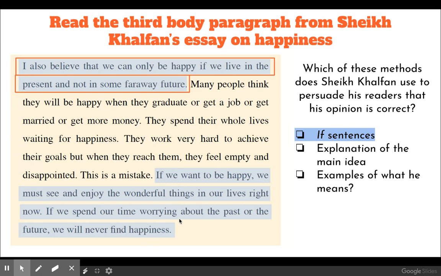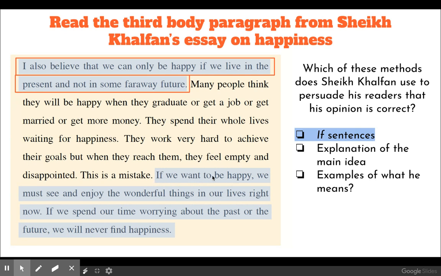Now, next week, we're going to be looking only at our if sentences in our paragraph or in our essays to make sure that we're using those correctly with the correct grammar. And we're going to be talking more about why we use if sentences and what they mean and how they're used. But for this week, we know that we use an if sentence to give advice or to talk about the result of an action or the consequence of an action.